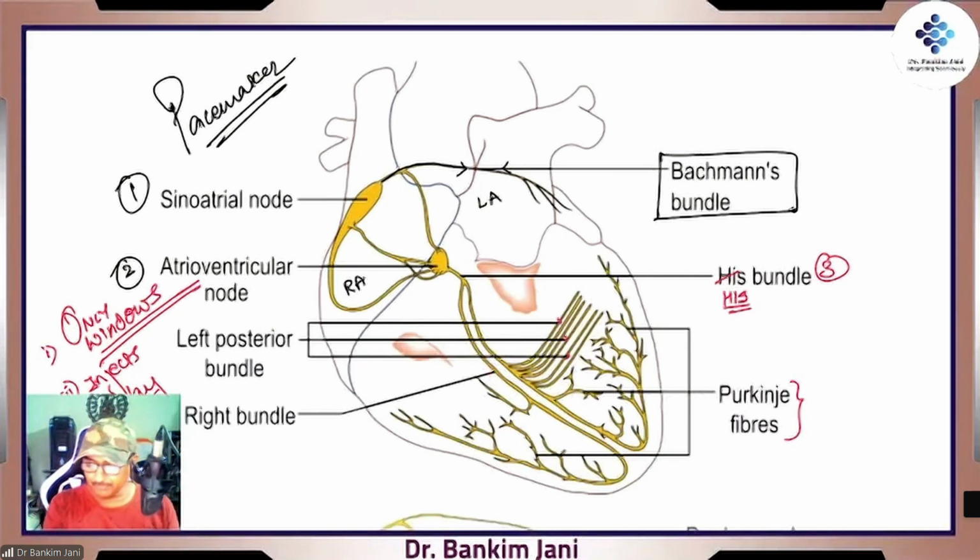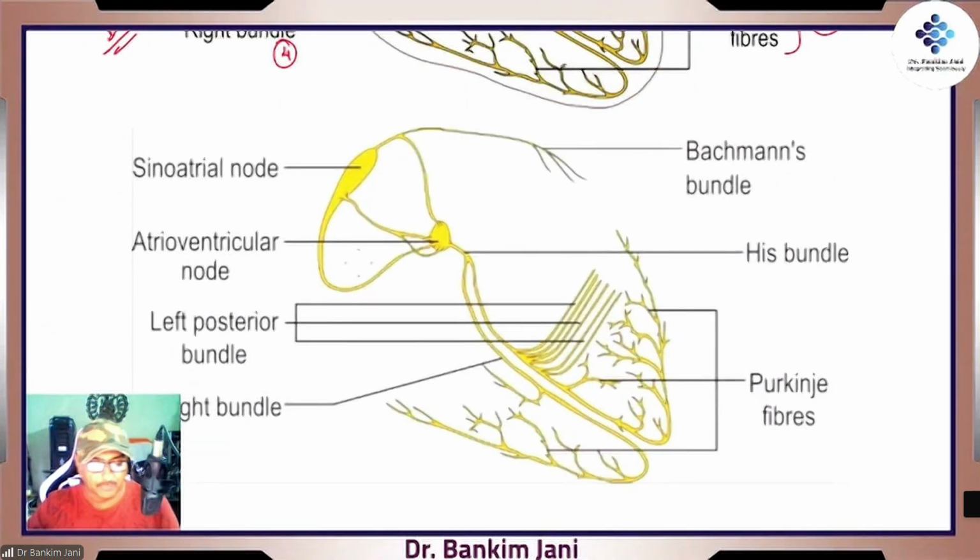So right now, we understand up to this point: sinoatrial node, AV node, the bundle of His, then the right bundle and the left bundle, and finally the Purkinje fibers. So here it is, a non-superimposed view. Over here the rest of the musculature has been removed, and we see the SA node, the atrioventricular node, and all the others.